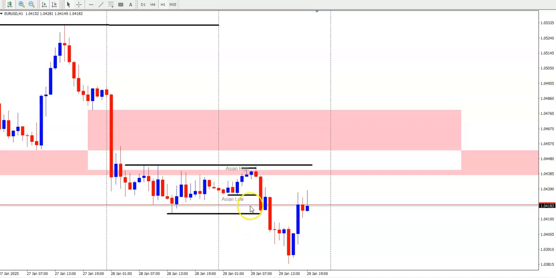And of course you can just do your post analysis in this example, what you did right, what could be done better, and you just come back tomorrow after the news, you prepare yourself properly again, and then of course you focus on the trading process overall.